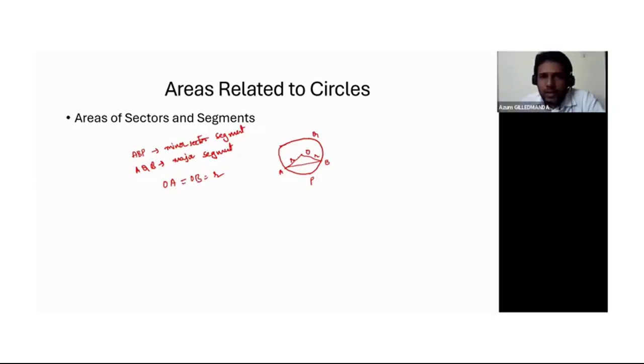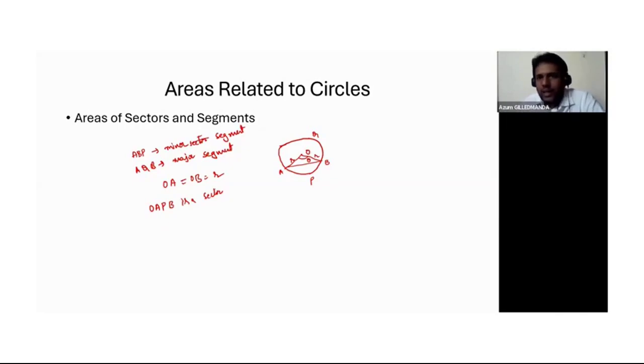Now, can I also say what this angle is? Let's say this angle is theta, right? Then can I say OAPB is a sector? OAPB is a sector, right? It's a minor sector. So we know the area of the sector.